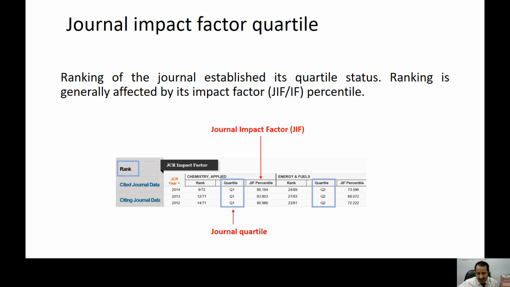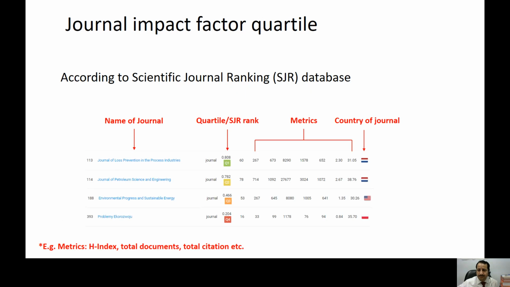It tells you quadrant 1, because the rank of this journal is 9 out of 72. When we divide it, we get between 0 and 0.25. Here's another example, 24 out of 89. When we divide it, it is between 0.25 and 0.5. So it's quadrant 2, and so on.